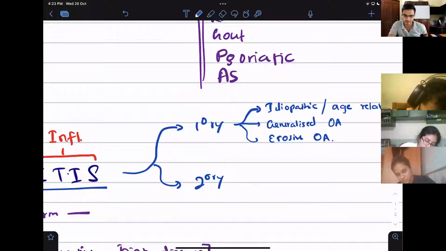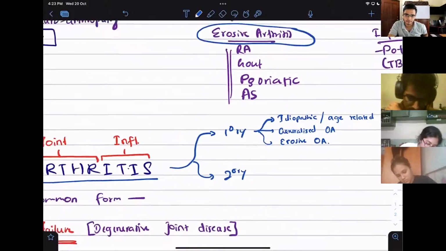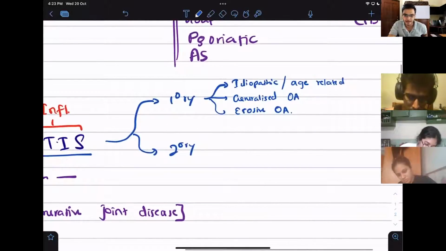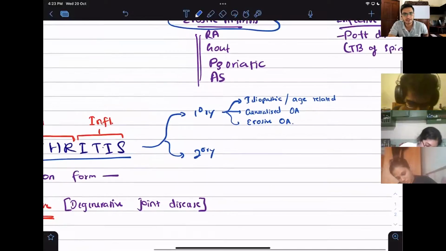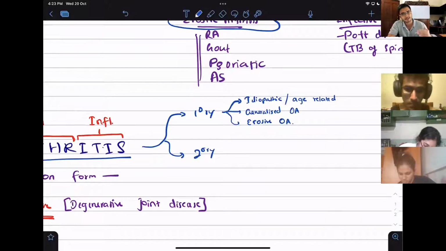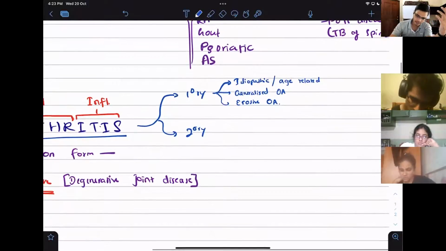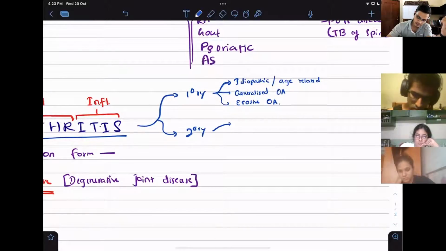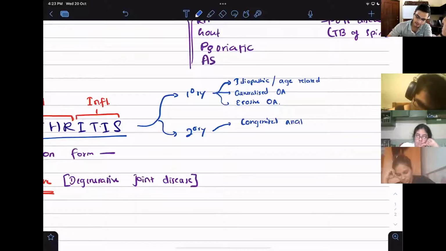Then secondary. For any disease in our body, if we say secondary, what does it mean? There is usually some other disease or some other cause giving rise to this disease. Here it's the same thing. Secondary osteoarthritis means due to other conditions, usually. There can be congenital anatomical abnormalities. We'll talk about all of these.